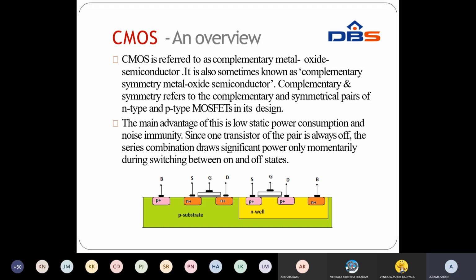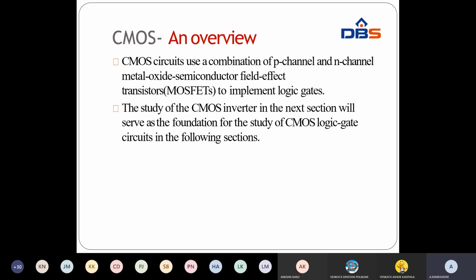Why low power and noise? Because when one type of transistor is on, the other type of transistor is off, and when one type of transistor is off, the other type is on. That's why it is called a complementary metal oxide semiconductor. And a CMOS circuit uses a combination of P channel and N channel metal oxide semiconductors to implement logic gates.